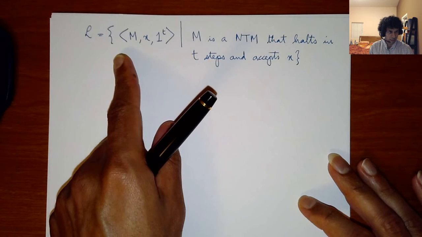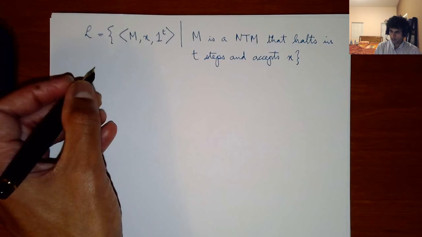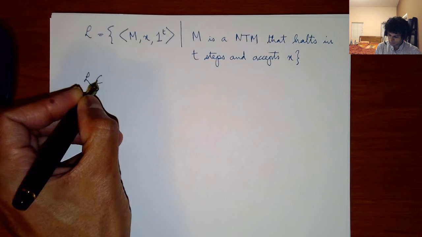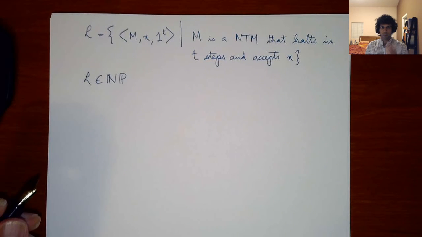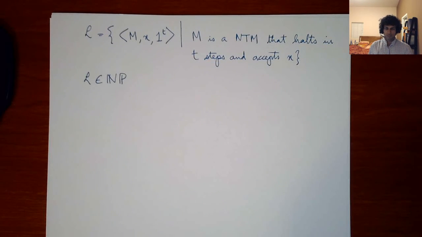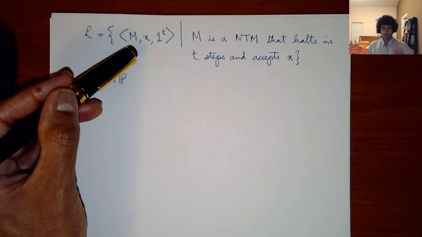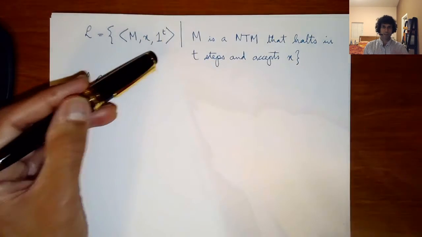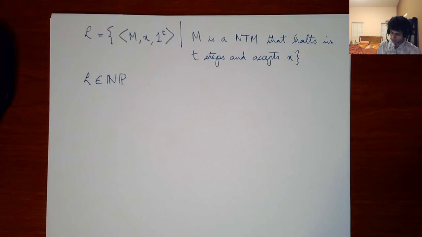So this is a valid language. Now L is in NP, right? Because how do you design a non-deterministic machine for this? You simply run M on X for so many steps using non-determinism. So L is in NP.